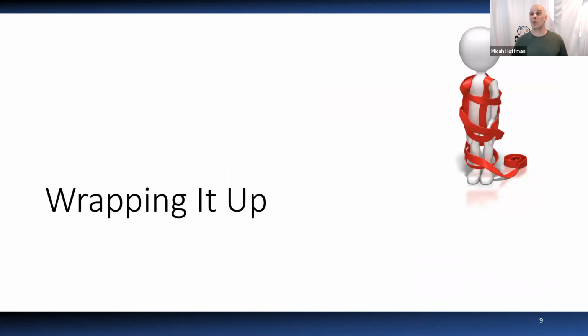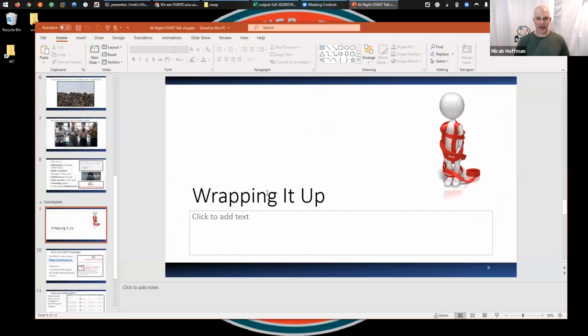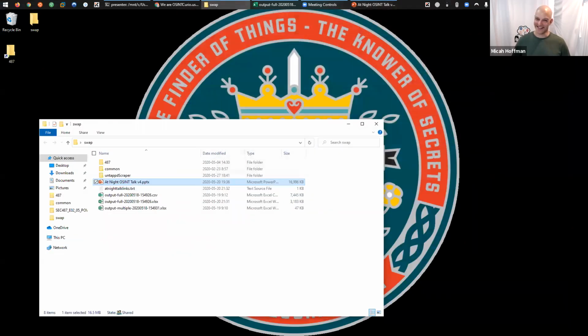Now, I didn't want to just show you all of these slides and bore you with that. I figured that the best way to show what open source intelligence is, is by showing you live demos. Now, there's risk here, right?